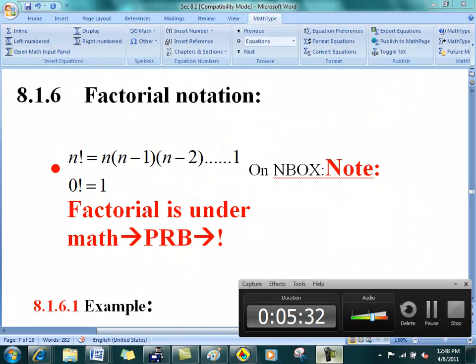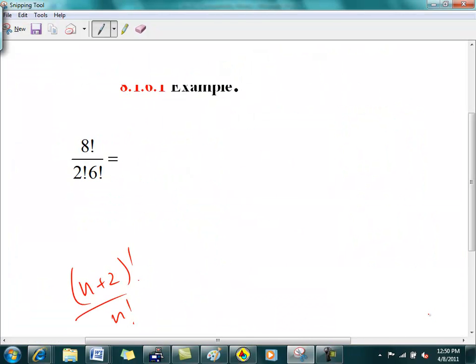Wait a minute. Let me pose this. Does everybody see that the numerator is this? Is everybody happy with the numerator? 8 times 7, 6 factorial. I don't want to go down all the way to 1, and you'll see why in a minute.